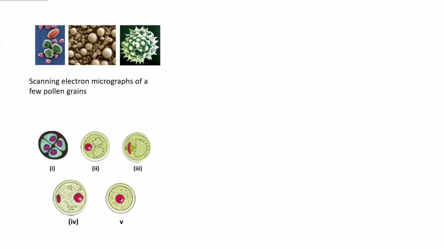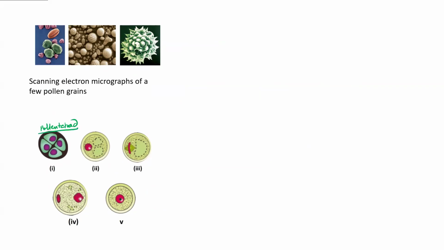Now see next. If they give you a picture of the pollen grain and ask which microscope it was taken with, is it a scanning electron microscope or a transmission one, meaning SEM or TEM? This is SEM, a scanning electron micrograph. Micrograph means a picture of the pollen grains. Now see this. They can give you this and ask for the sequence. So you should know first what this is. This is a pollen tetrad.